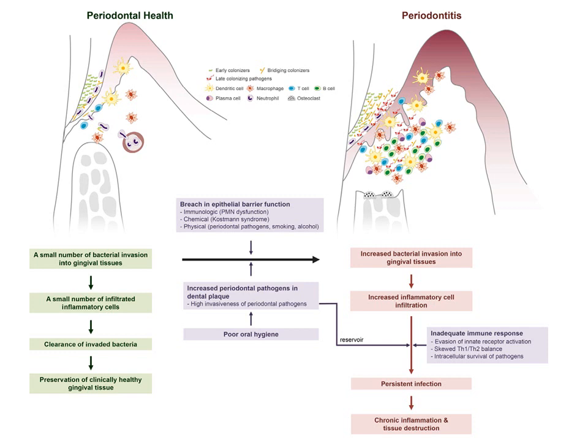From where does the seepage come out? To the periapical tissue. So, does normal periodontal health have bacteria? Yes, there is bacterial invasion of the gingival tissue, but with a small number of infiltrated inflammatory cells. So clearance of these bacteria by brushing and preserving the health of the gingival tissue, everything can subside.